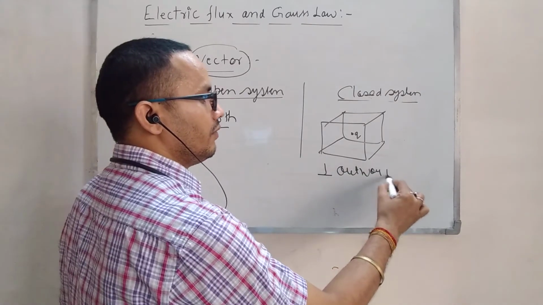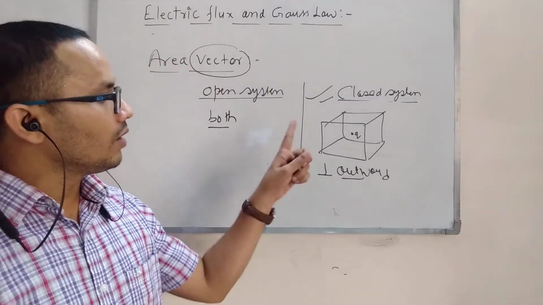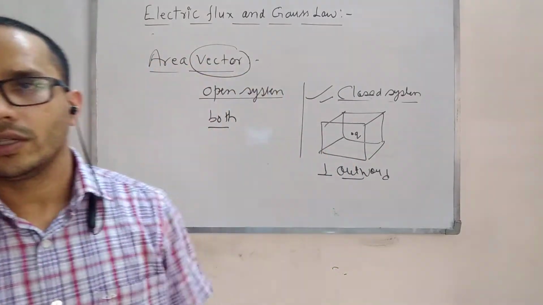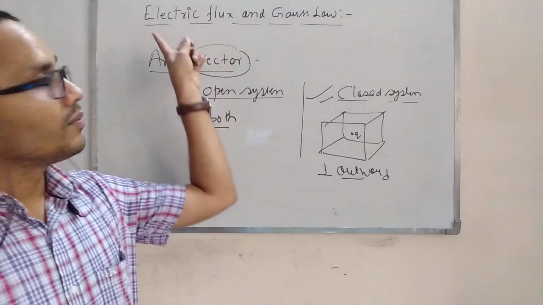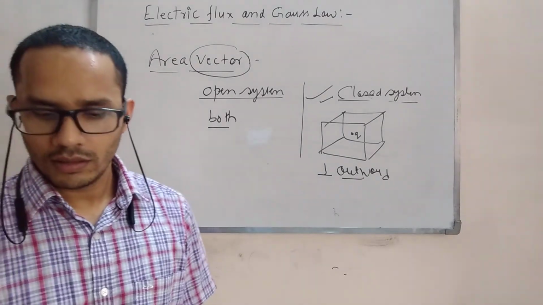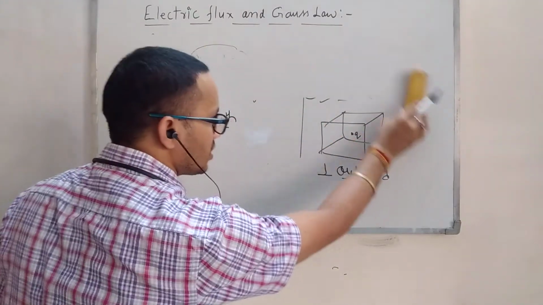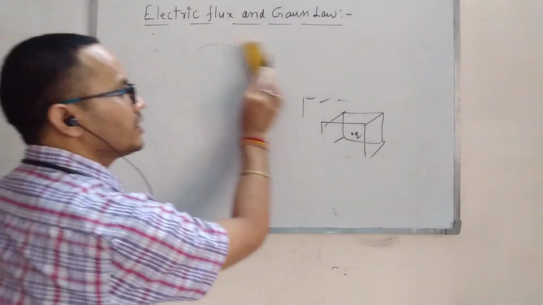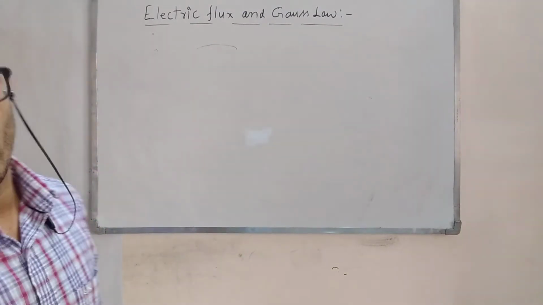Always remember, when dealing with a closed system, your area vector should always be in the perpendicularly outward direction. This is a very important term in the calculation of electric flux via Gauss law. Is it clear?